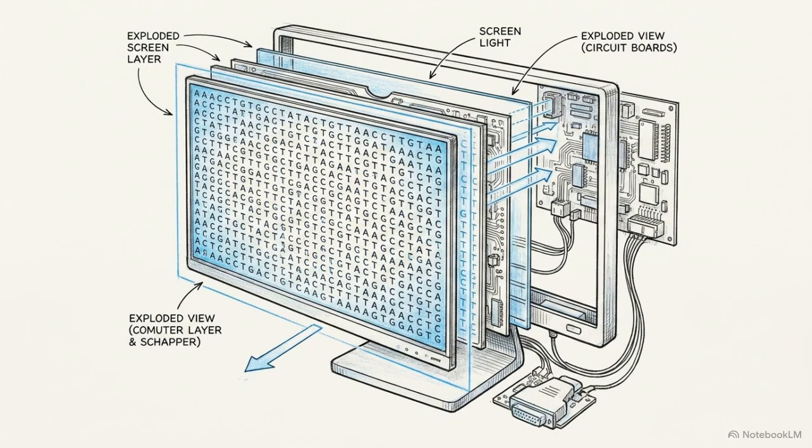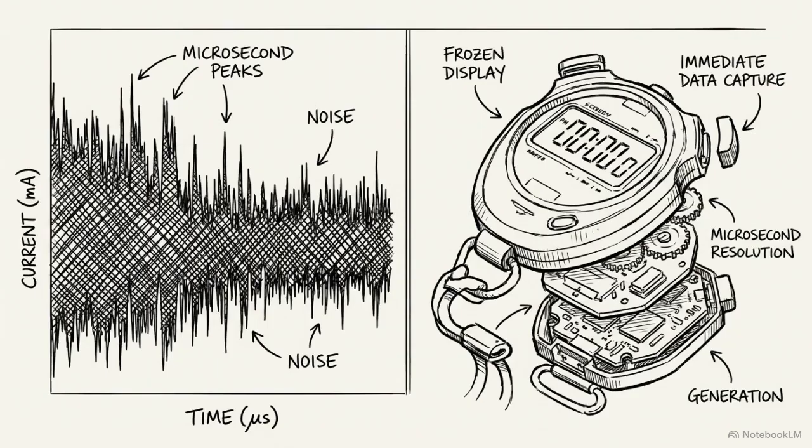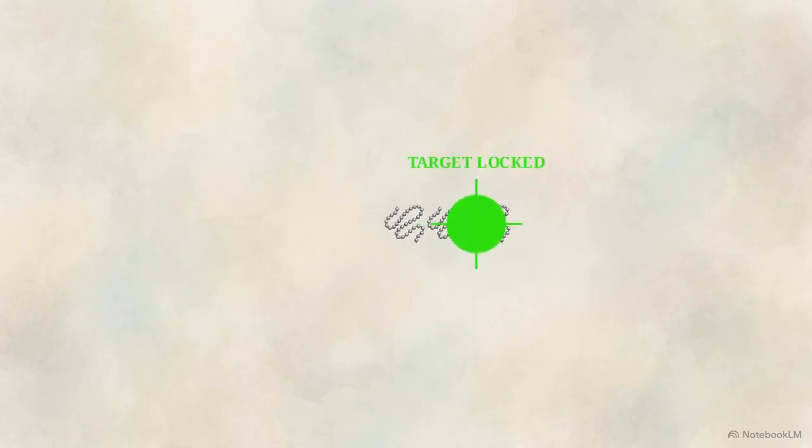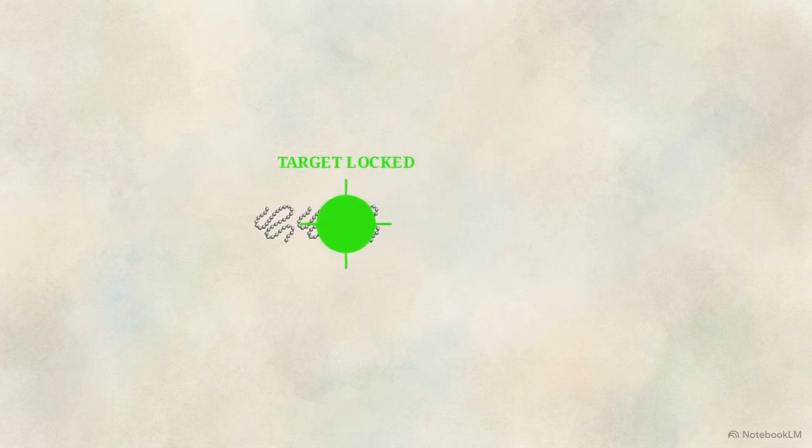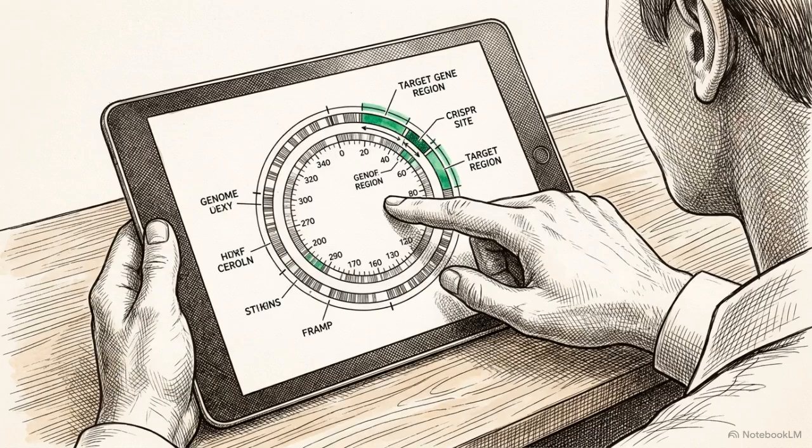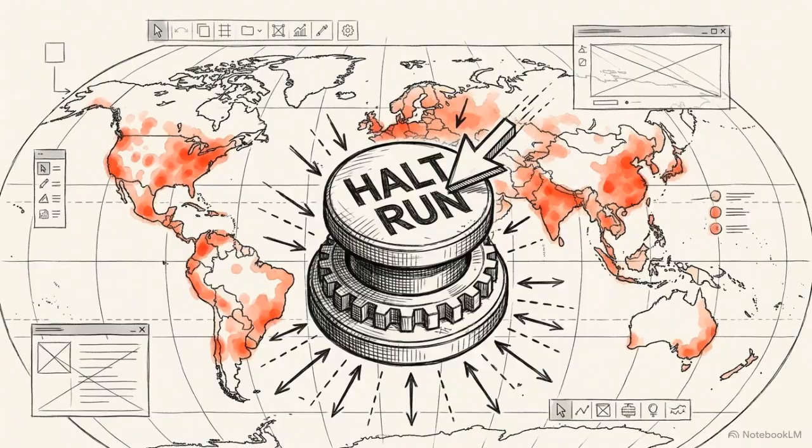Furthermore, because there is no batch chemical processing, the sequence data is generated in real time, appearing on screen the exact moment the strand slides through the pore. Live data tracking immediately enables adaptive sampling, allowing researchers to instruct the device to focus on specific targets on the fly, or halt a run early to act on preliminary results during an outbreak response.